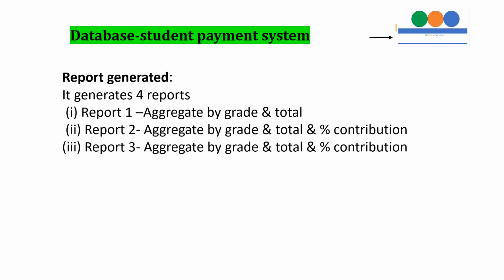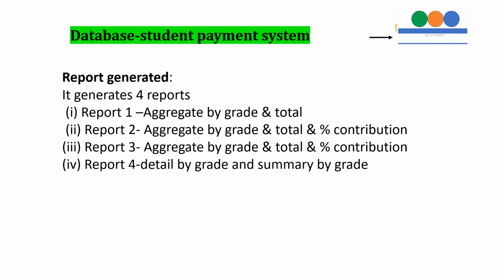Report 3 also generates aggregate by grade, total as well as percentage contribution, with a slight difference from report number 2. Report number 4 generates detail by grade and summary by grade. So we'll shortly see those reports in the upcoming slides. It updates as we change the values in the system, so we are expected to insert the data properly. The report will then be automatically generated.